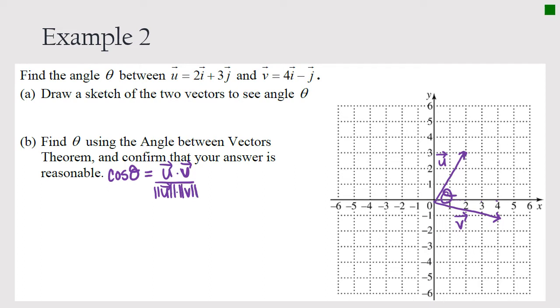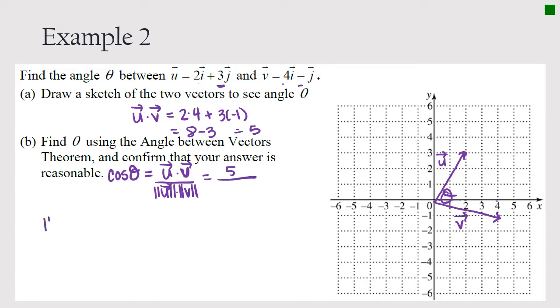Let's do the dot product first. The dot product of u and v is going to be 2 times 4, multiplying the horizontal components, plus 3 times negative 1, multiplying the vertical components. That gives me 8 minus 3, which is 5.